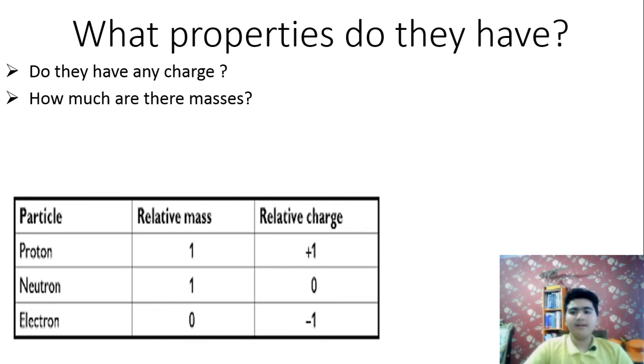Each of the protons and neutrons has a mass of almost 1.7 multiplied by 10 to the negative 24 grams.